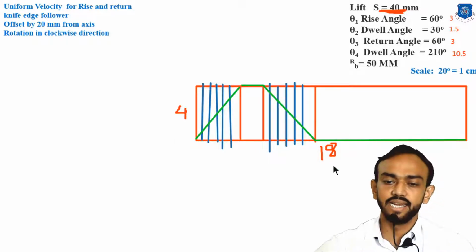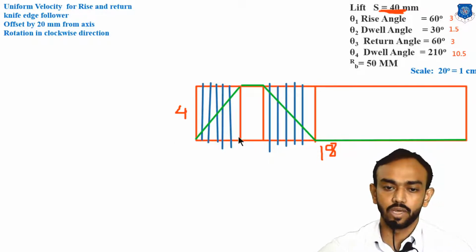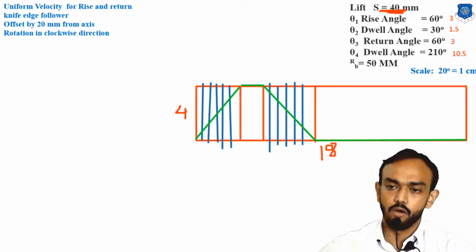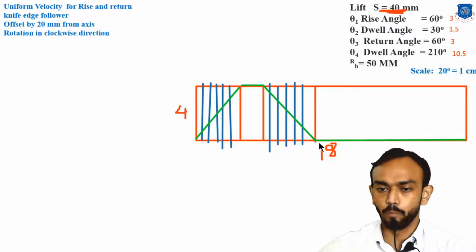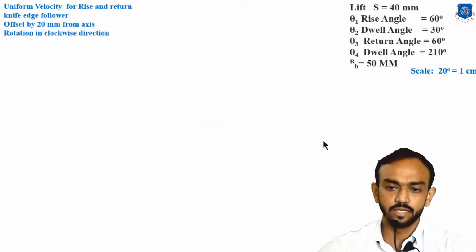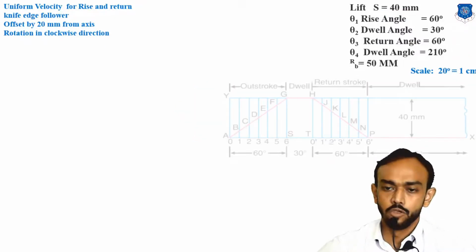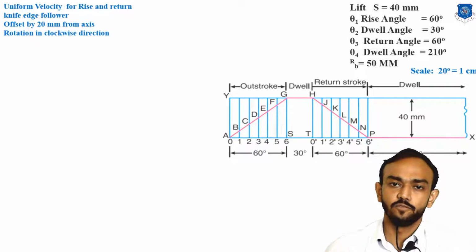This green line indicates the displacement of the follower, and we put all the notation here: 0 to 6, 0 dash to 6 dash, A, B, C, D up to G, and then up to P at the end point. We have already practiced this. So this is the displacement diagram for the given data.